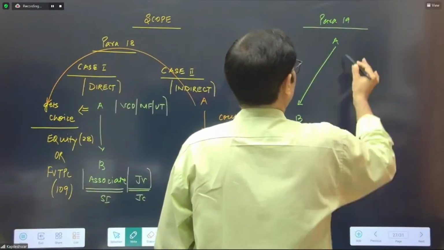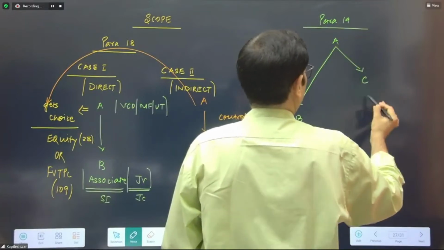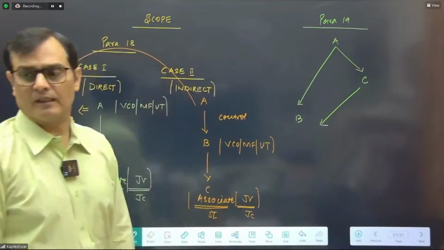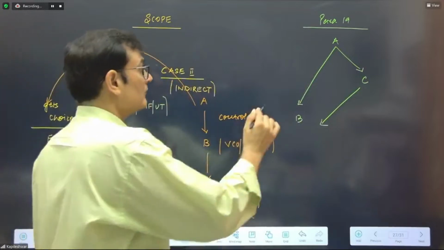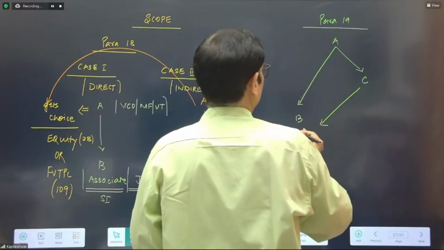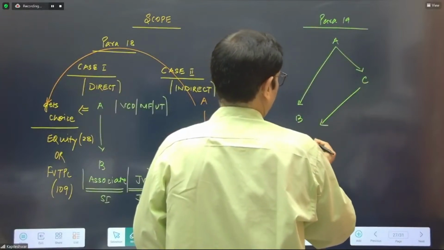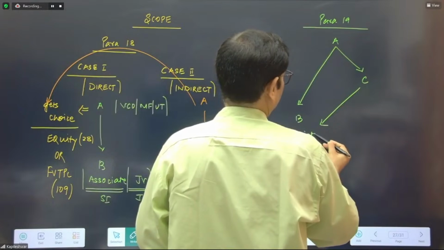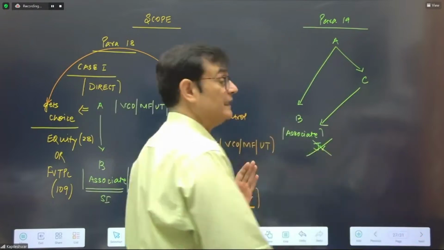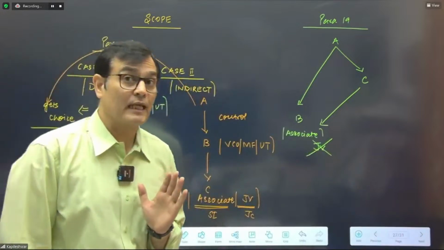This is B, and let's say this is C. Now let's have a look. We can say A has a significant influence, so B is an associate. Let me remind you again, the concept of para number 19 is not applicable to JV. It's not applicable to JV.